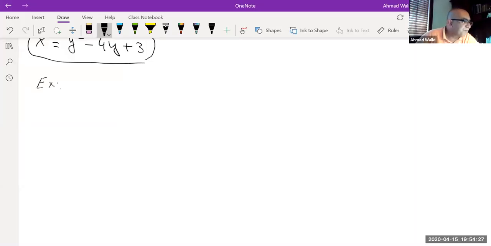Example number 2. x equals t squared minus 4, y equals 2t, but they give you this restriction. t should be less than or equal to 4, greater than or equal to 0.